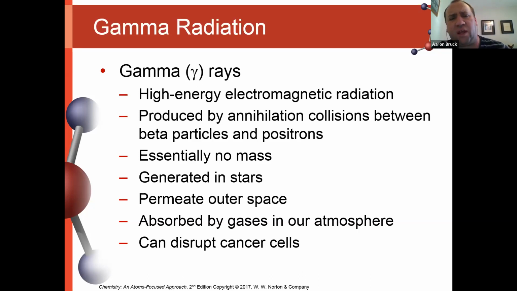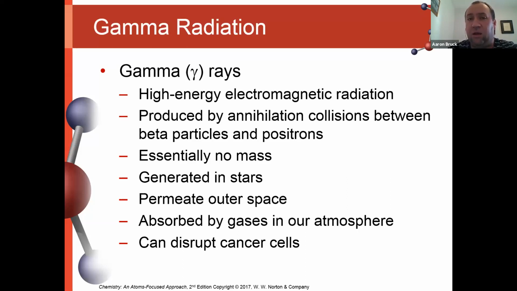Now, for the most part, gamma radiation can be absorbed by gases in our atmosphere, and that's how we encounter most of it on Earth. What we've been able to see is that gamma rays can be used as part of radiotherapy, radiation therapy for cancer cells, which is one of the reasons why it is used in that way.